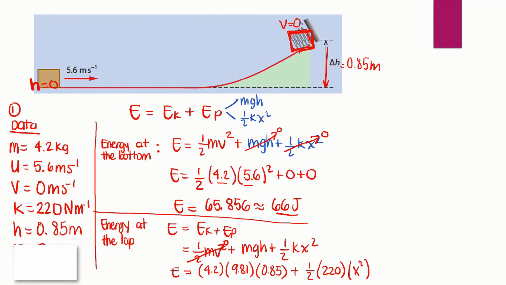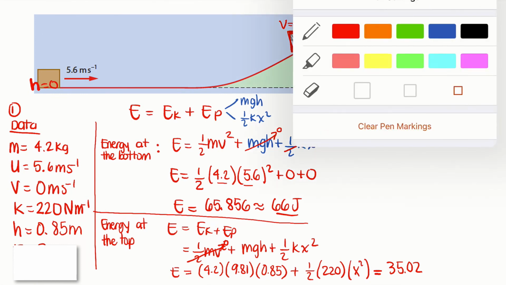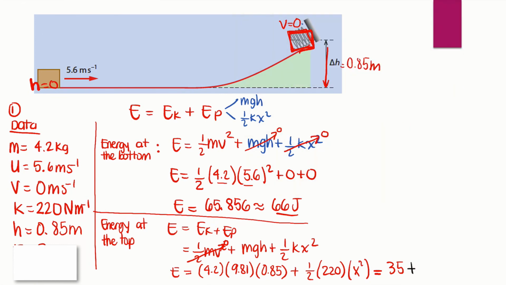But we don't know the displacement, so we leave it like this. Simplifying this expression, we have that 4.2 times 9.81 times 0.85 is 35.02. I'm going to round it to two significant figures, plus 1/2 times 220, which is 110 x squared.